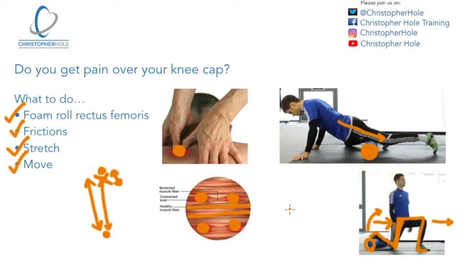And what that will do is help the brain learn how to maintain that new flexible position of the muscle, because we've broken down the tissues, we've stretched it, and then we need to move it so our body can remember the new length of the muscle and the new position of the muscle.